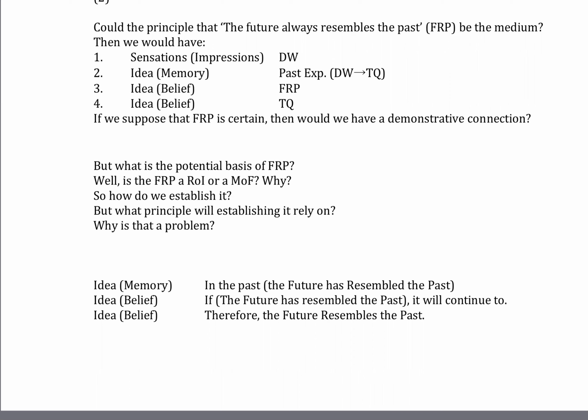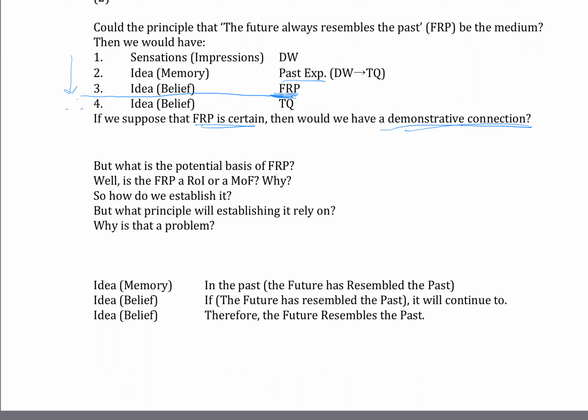And in particular, we saw that if Hume's opponent could establish that the future resembles the past, then there would be a kind of demonstrative connection that relies on past experience between 1, 2, and 3, and 4. And so if Hume's opponent could establish that FRP is certain, then we would have a demonstrative connection.